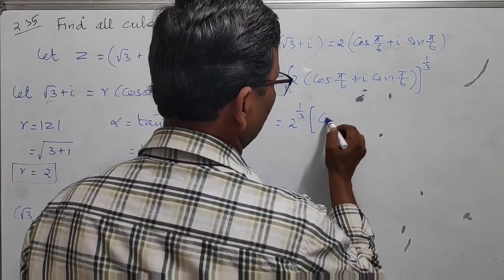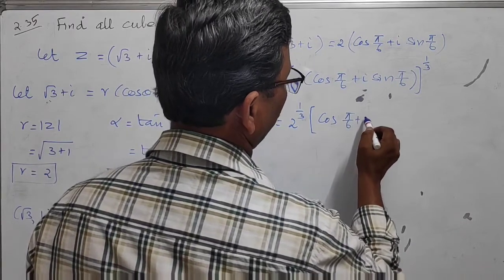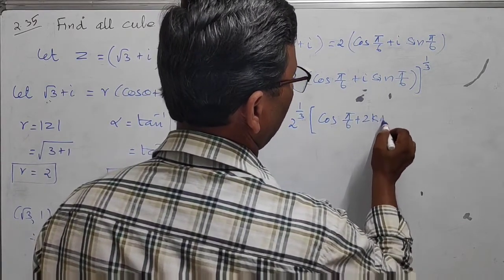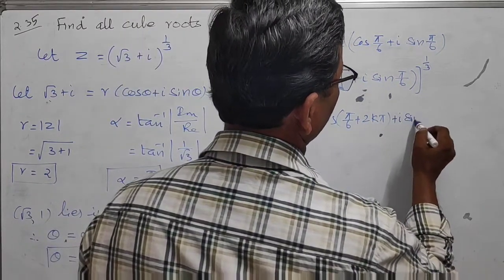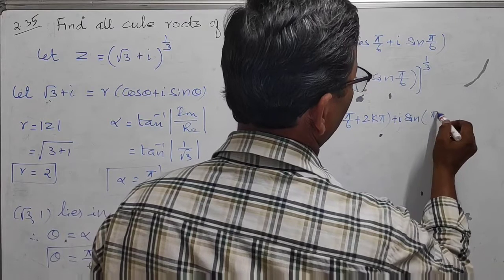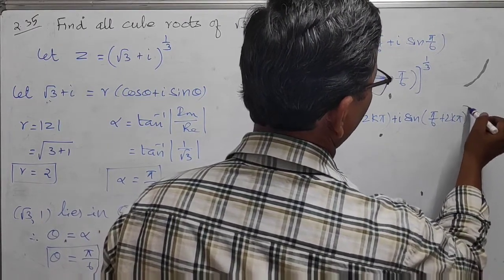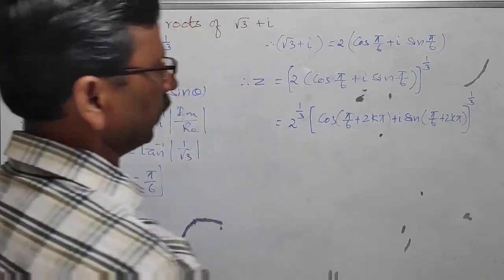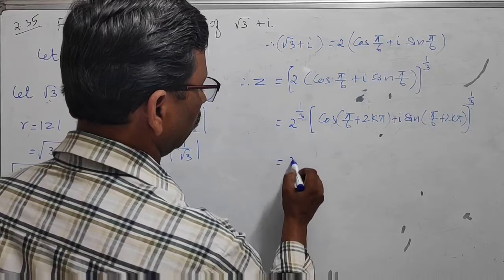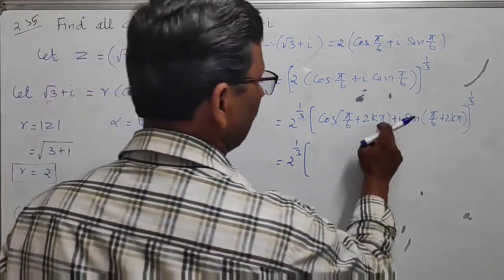Therefore, you can write cos of (pi by 6 plus 2k pi) plus i sin of (pi by 6 plus 2k pi), whole power 1 by 3. Now which is equal to 2 power 1 by 3 into, you can take the LCM for these two.